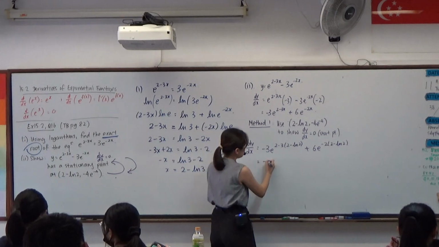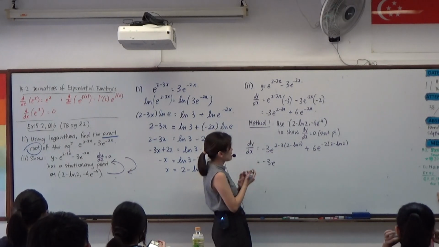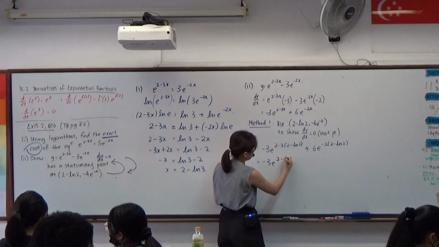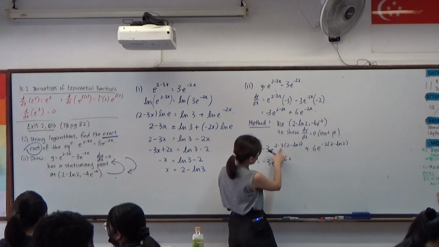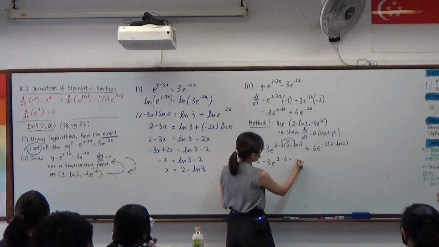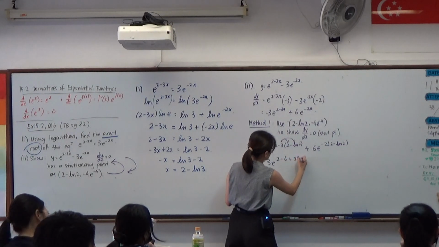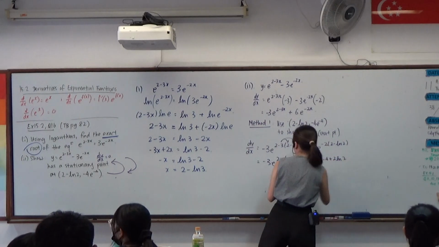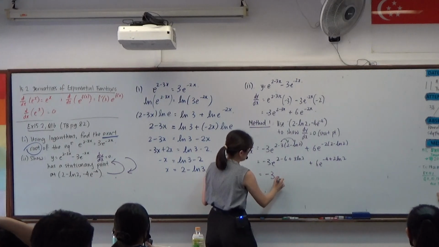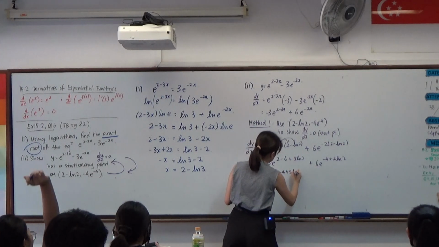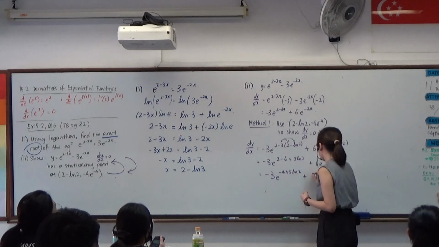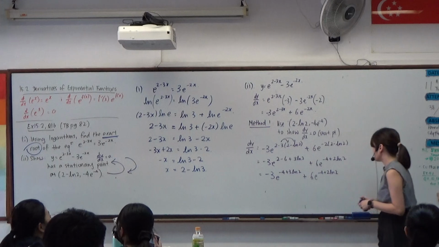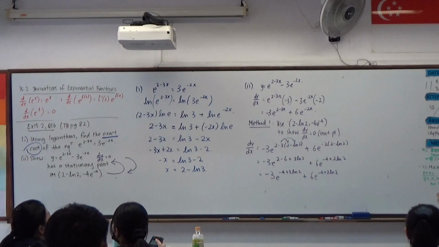So if I want to simplify this, 2 minus 3 times 2 minus ln 2, I will expand it: 3 times 2 and then 3 times ln 2. Okay, we will get this.